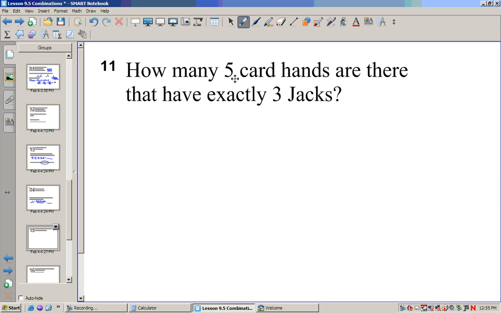How many card hands can you have with exactly 3 jacks? So let's just find the number of ways we can have 3 jacks. Well, there are 4 jacks in a deck, and we want to pick 3 of them. If we pick those 3, then there's going to be 48 cards that are not jacks, and we want to choose 2 of them.